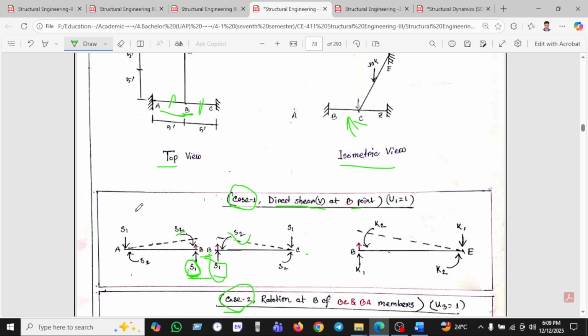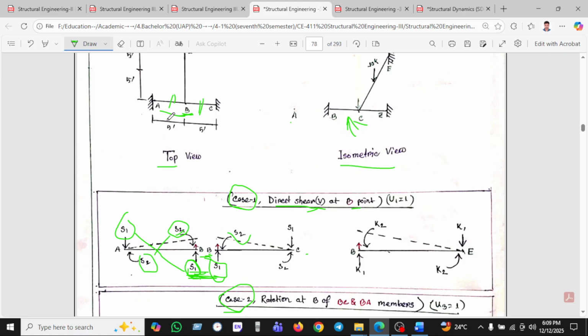As we are using shear, we apply S1, and the opposite direction will be S2. This must be memorized.